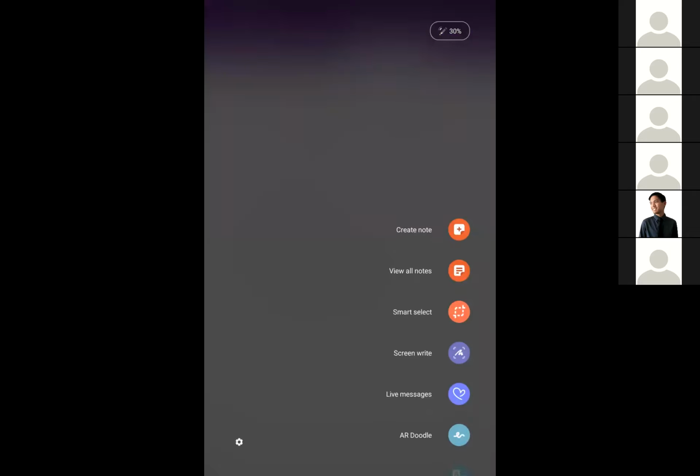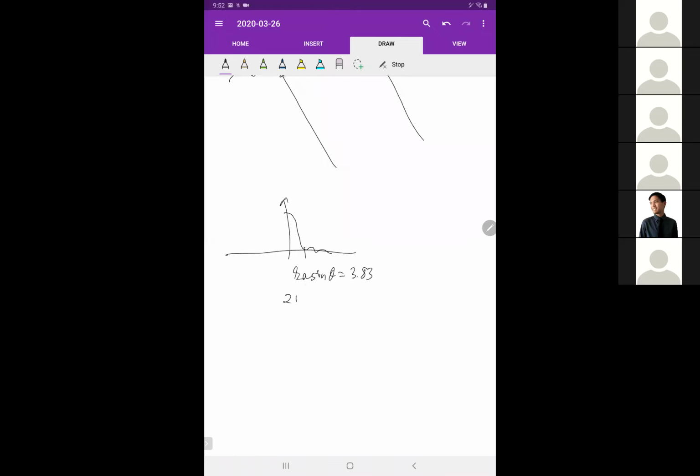So that's 2 pi over lambda A sine theta equals 3.83.